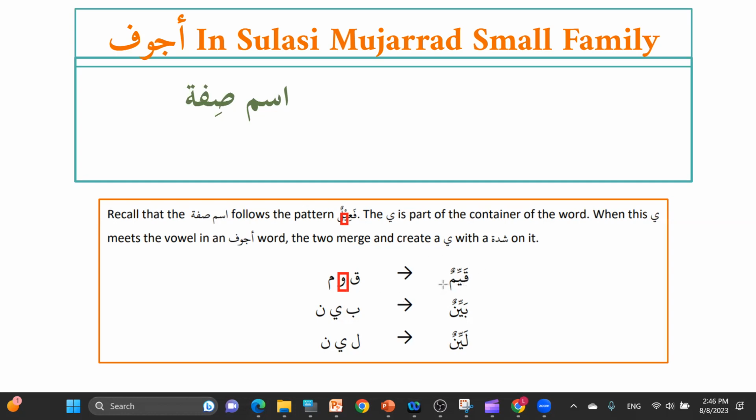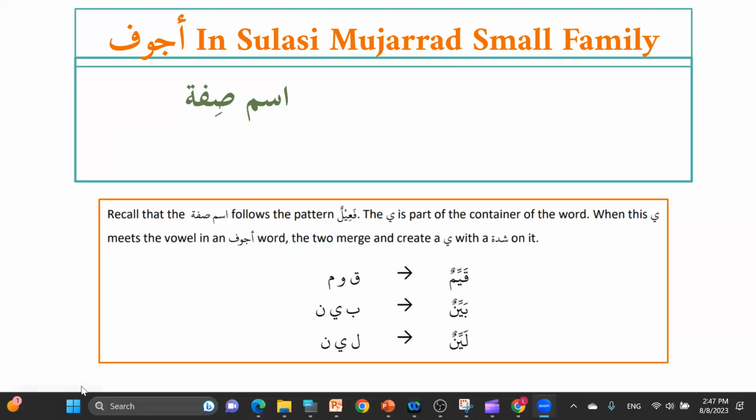So qama yaqumu has an ism sifa like qayyimun. Bana yabinu has an ism sifa of bayyinun, and lana yalinu is layyin. So that's how ism sifa is.